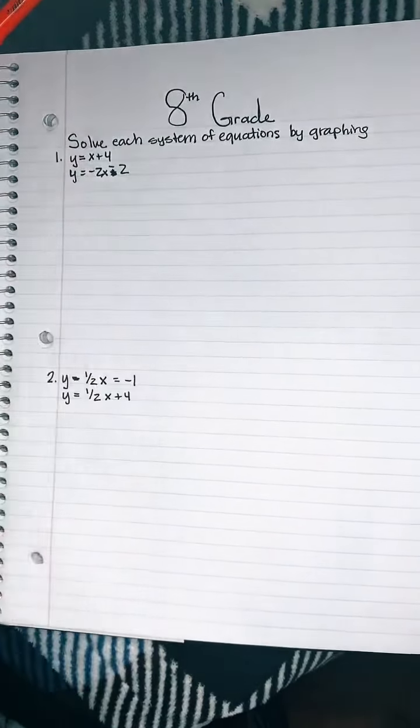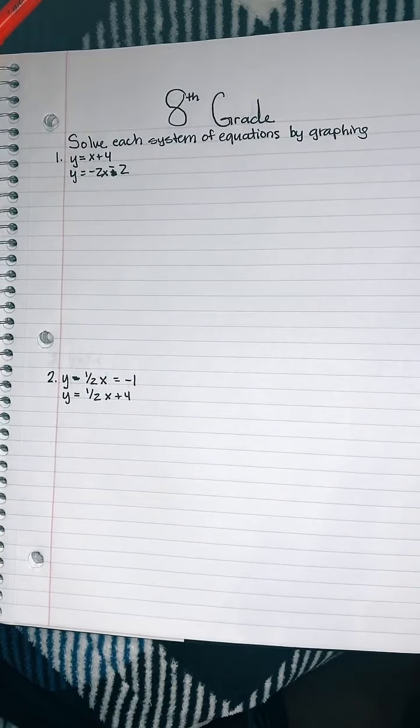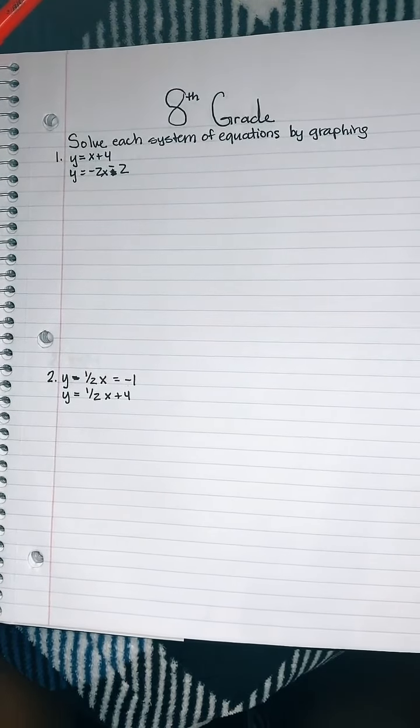Okay, we got some graphing ones. Let's do some graphs. Hold on. Let me get my graphing paper real quick. Let's do one with the graph, you guys, so we can actually see it.